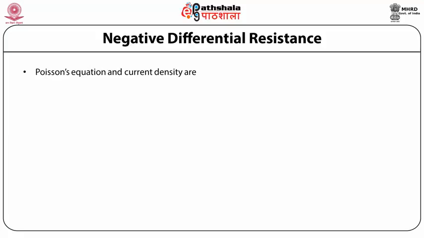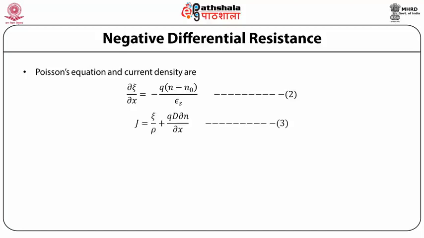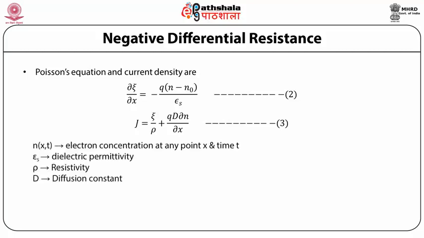So Poisson's equation and current density are del zeta by del x equal to minus q (n minus n naught) by epsilon s, and J equal to zeta by rho plus q D del n by del x. Here n(x,t) is the electron concentration at any point x and time t, and epsilon s is the dielectric permittivity, rho is the resistivity, and D is the diffusion constant.